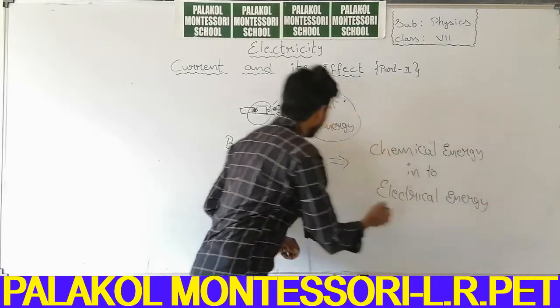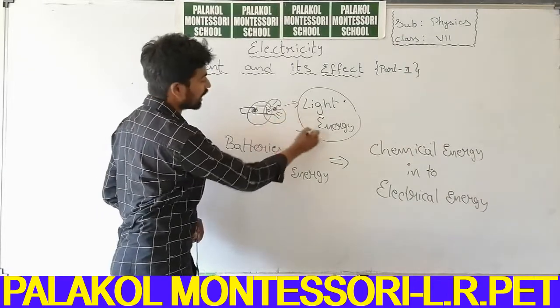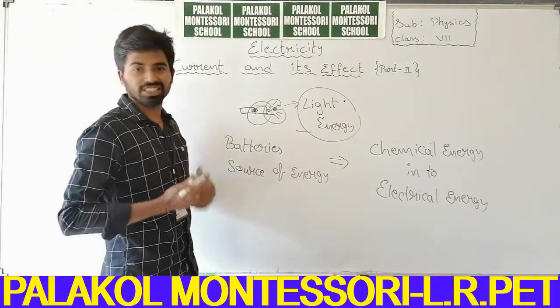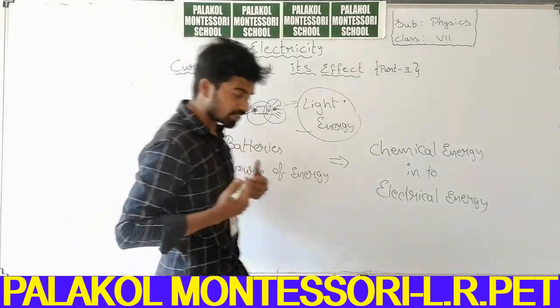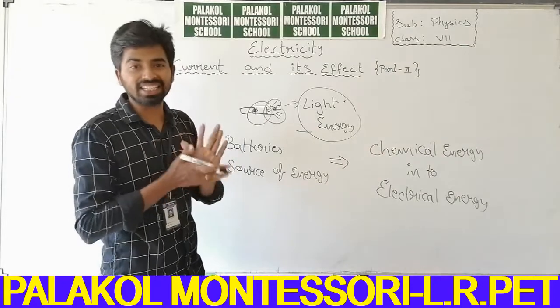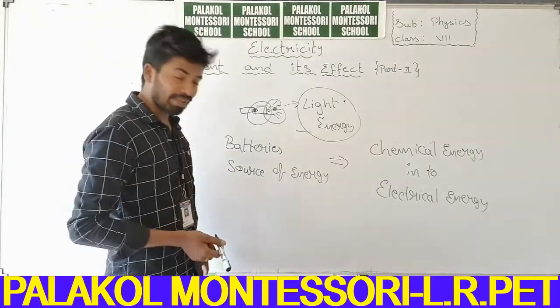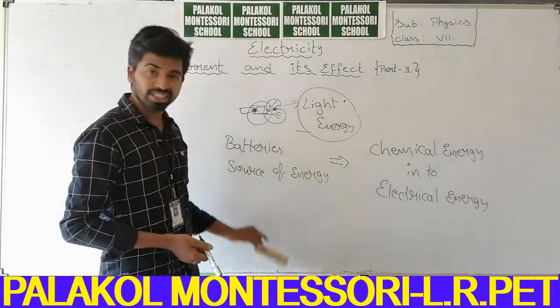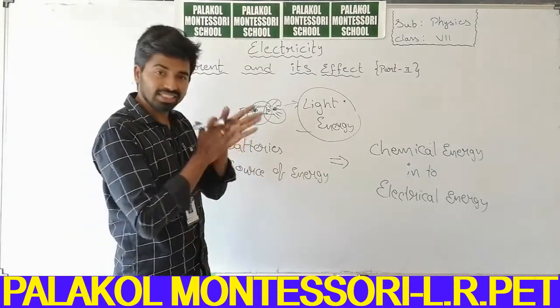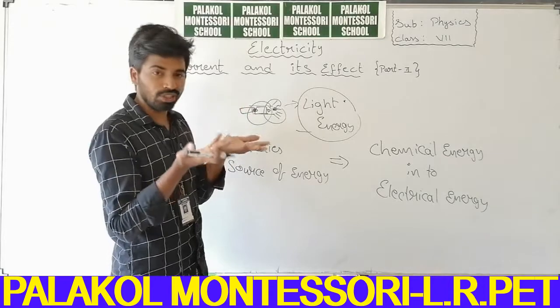Again, that electrical energy is converted into light energy. This is the energy conversion process. For example, if I am walking, what energy do I have? I have some mechanical energy. I can do some mechanical work; I can lift this object. This is mechanical energy. If I rub my hands like this, that mechanical energy is converted into heat.